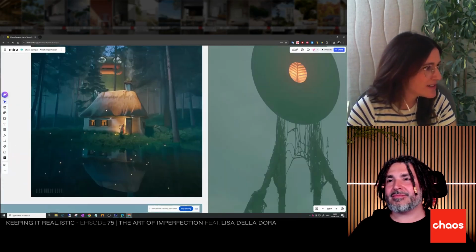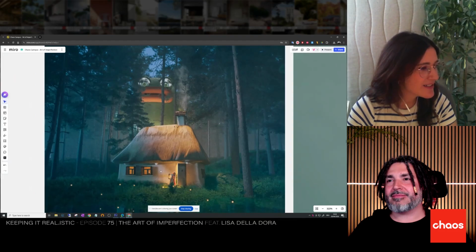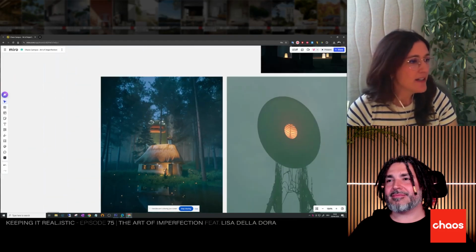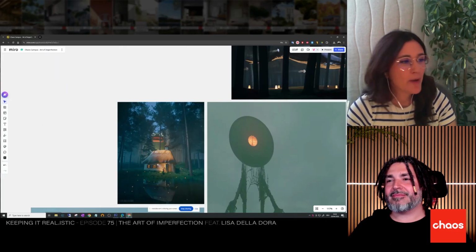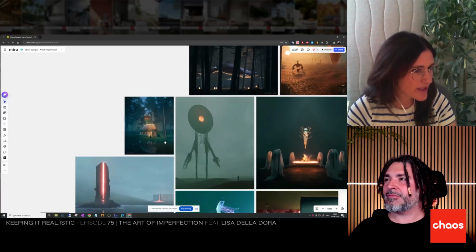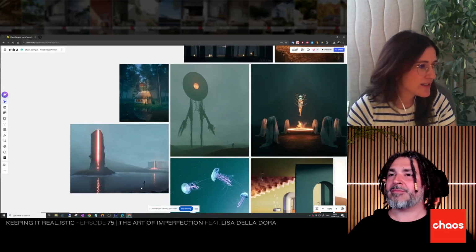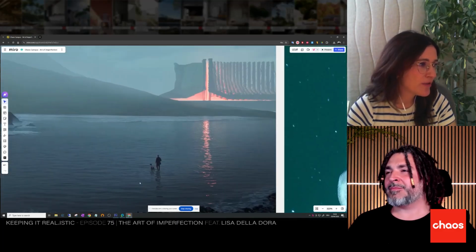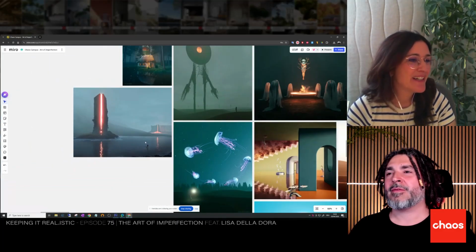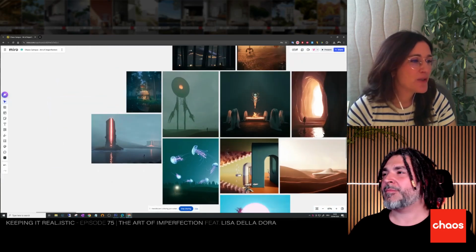Like this one, I did as soon as I came back from D2, and I wanted to experiment, and also I'm really into nature and forests. So it's either one single person or someone with a dog, for example. But I always like to have this kind of huge scale.